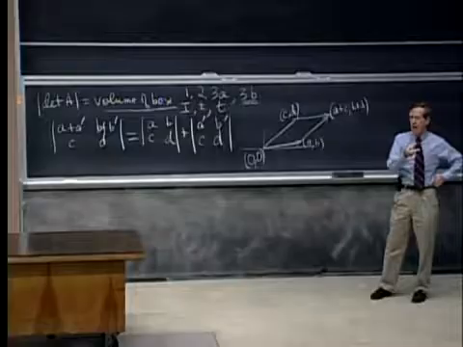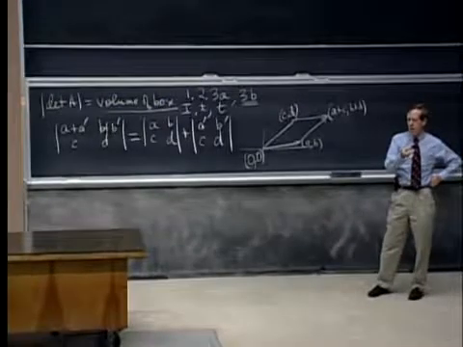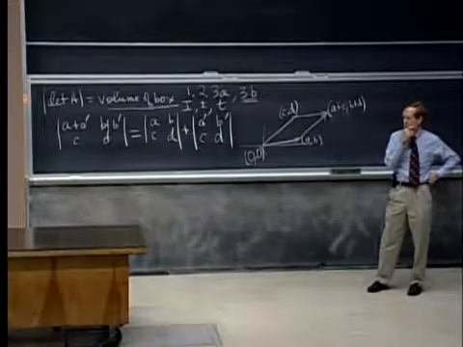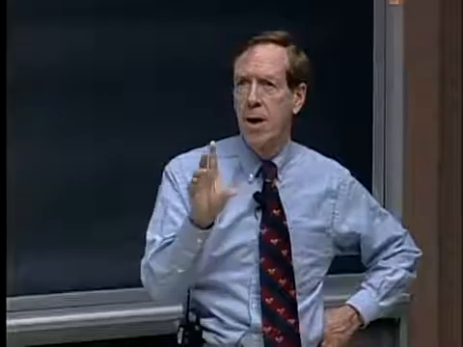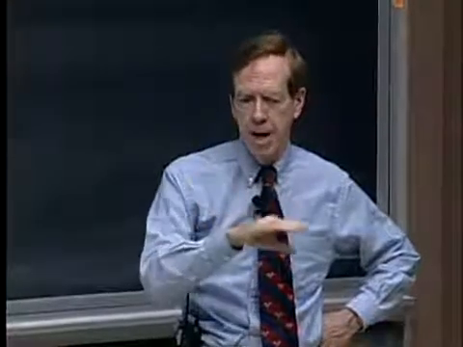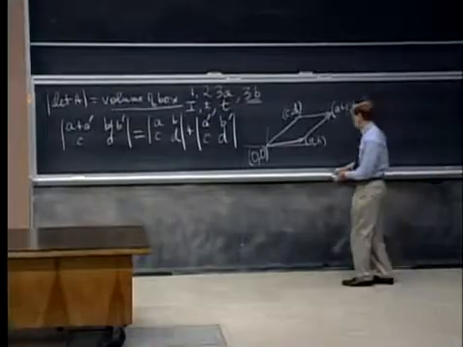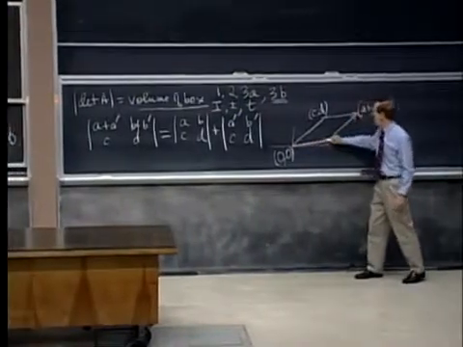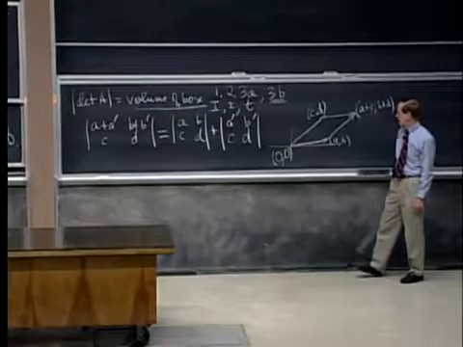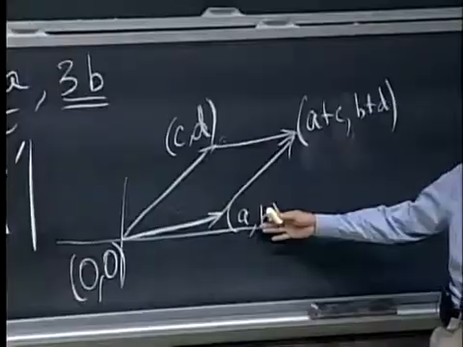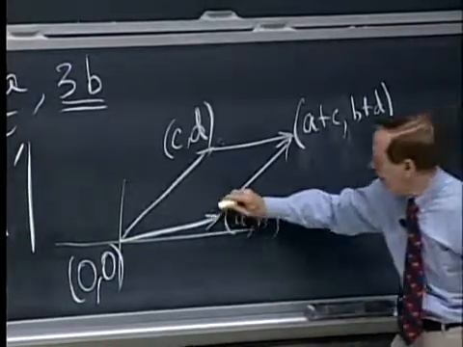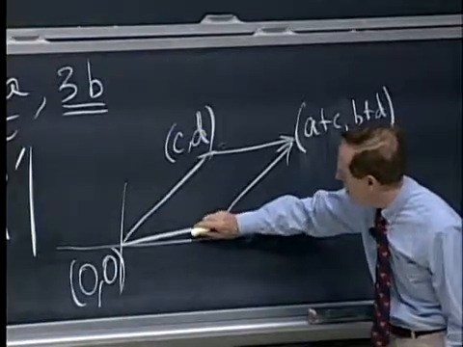If I had asked you that last year, you would have said the area of a parallelogram is the base times the height, right? So you would have figured out how long that base was. It's like the square root of a squared plus b squared. And then you would have figured out how much this height is.